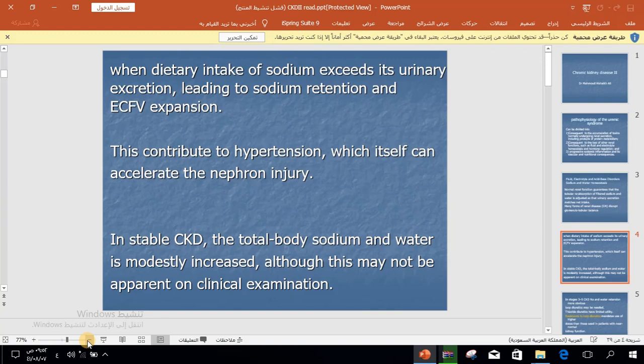Edema can be in the lower limbs, the face, and accumulation of fluid in cavities like ascites, pleural effusion, pericardial effusion. This fluid accumulation and sodium retention also leads to hypertension, which itself can be a propagative factor for nephron injury. So it leads to progression of CKD.